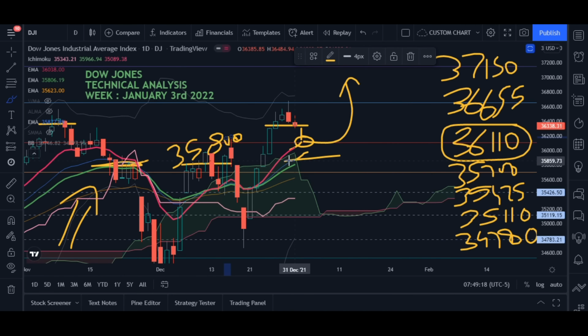It will come and hold here. It is not expected to go below 35,800, and whenever it comes below 36,110, around 35,800, it is expected to happen intraday.